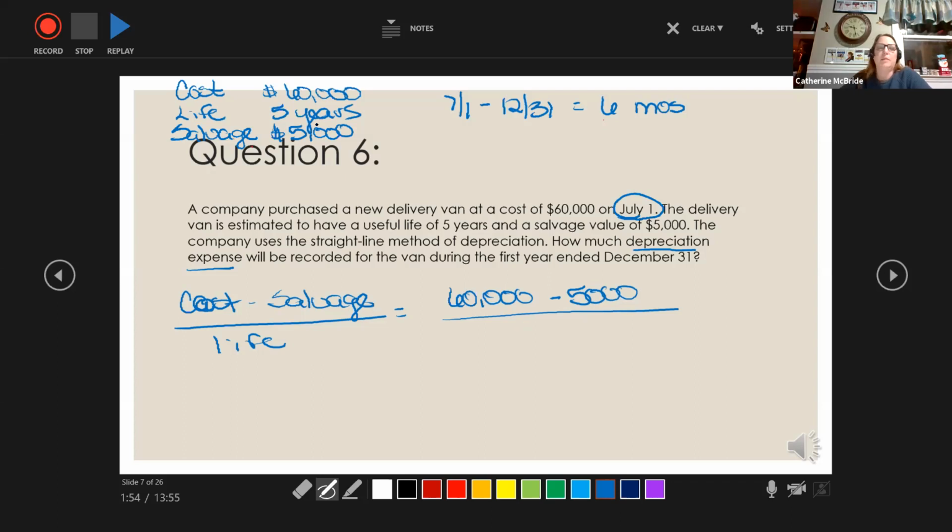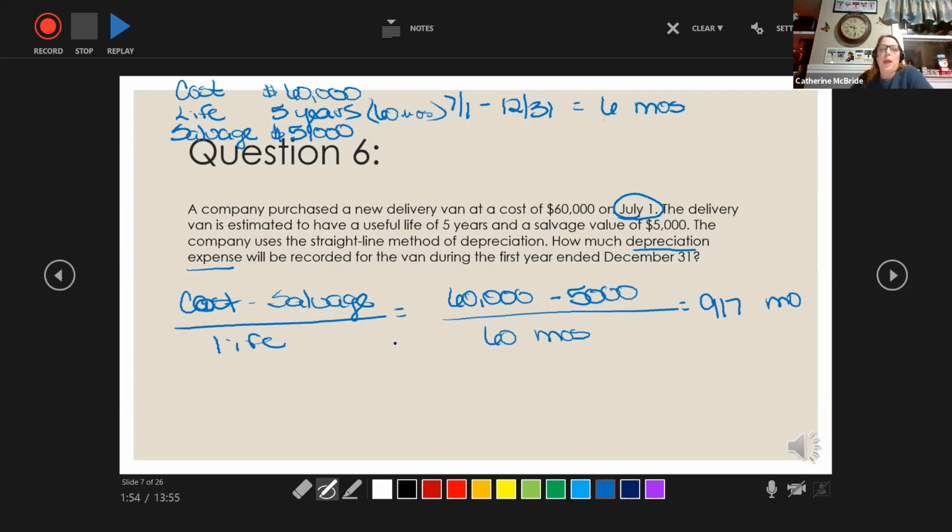So I'm going to take 5 years and convert it to 60 months. So if I take 55,000 divided by 60 months, I have $917 a month. The numbers on the test will work out perfectly because I just made these up.